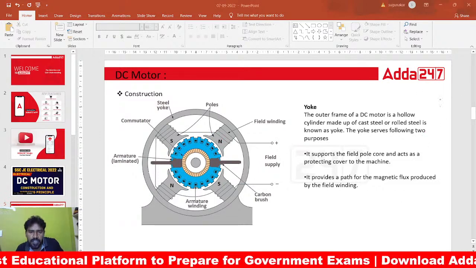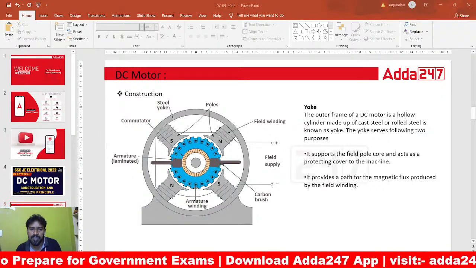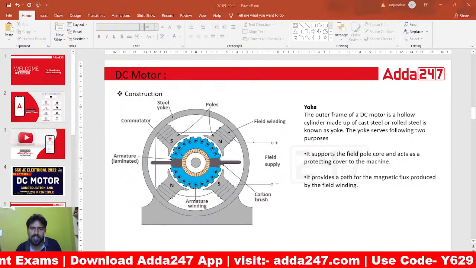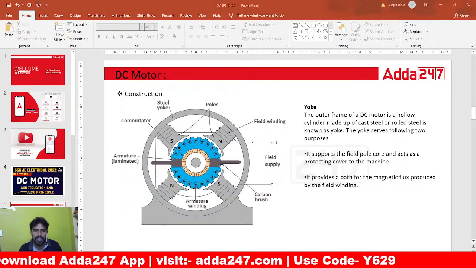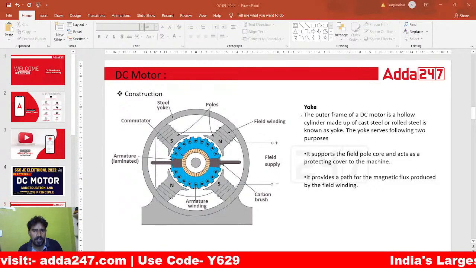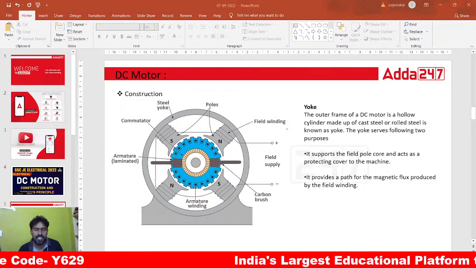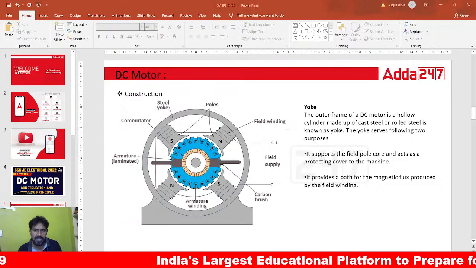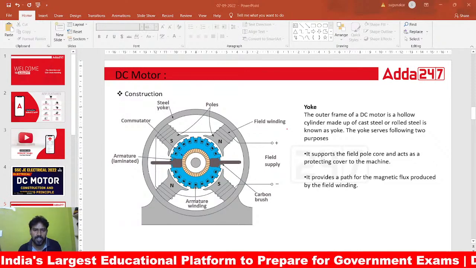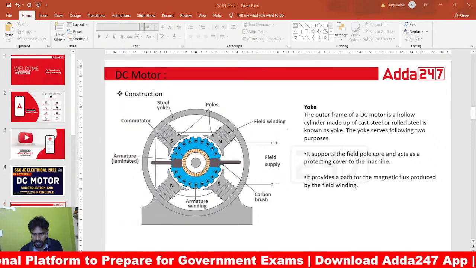So this is the field and the armature winding. I already said this is the field. Mainly we are focusing on these two parts, because the entire operation depends only on them. The remaining parts are for protection, conversion, and collecting the output current.